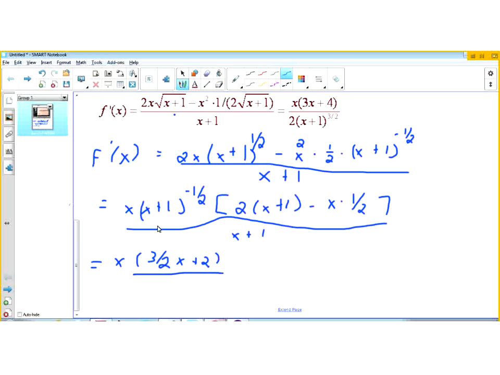Divided by, now we send the negative 1/2 power downstairs, so that would be x plus 1 to the 3/2.